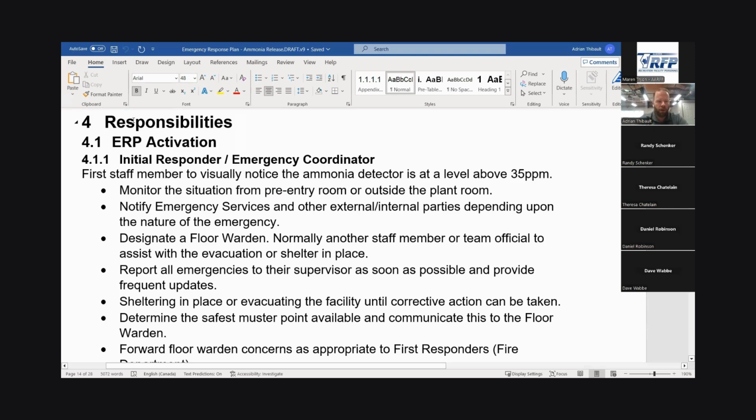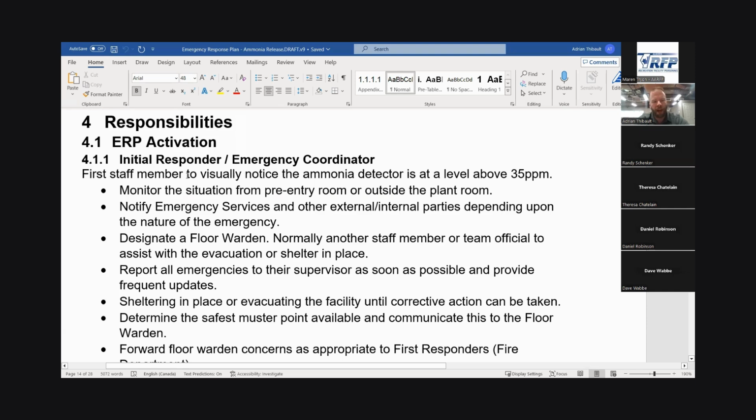So we have our initial responders and emergency coordinator. They're going to be your fire chief or the platoon chief. I don't know exactly what they call it. Sorry, this is the initial responder. We don't call them the first responder because that's often your fire department or your EMS.